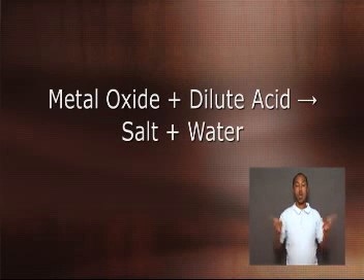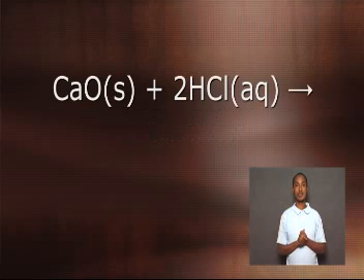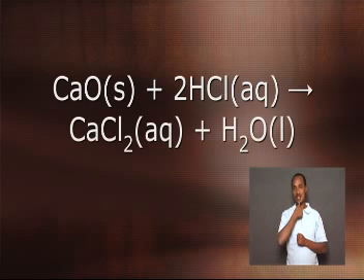When metal oxides are combined with acids, salt and water are produced. This is because basic oxides are neutralized by dilute acids. If calcium oxide reacts with dilute hydrochloric acid, calcium chloride and water are formed.